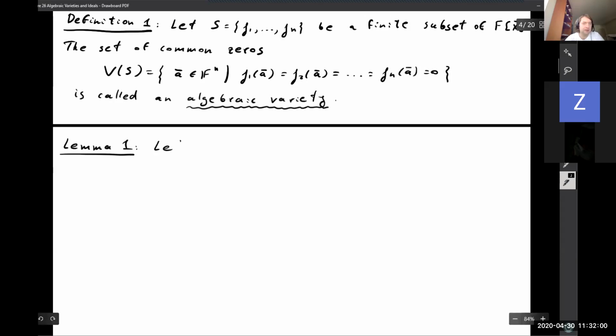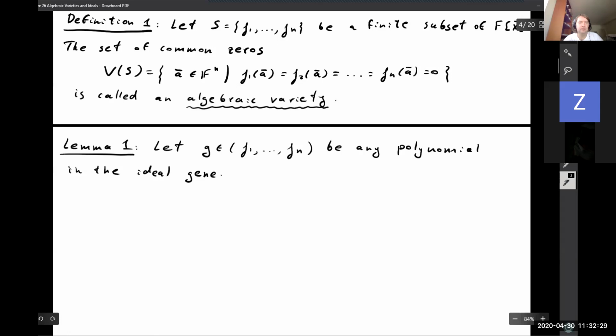Let G be any polynomial in the ideal generated by S. Then what can we say?